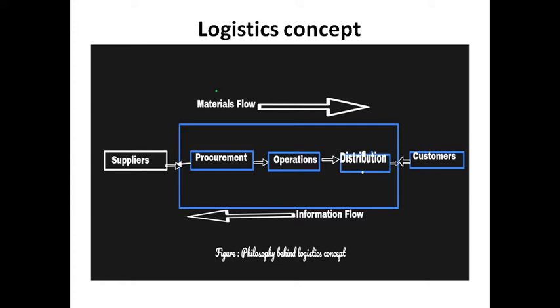Now in the middle bigger box, you have noticed three boxes: procurement, then operations, then distribution. Procurement means sourcing of the materials or sourcing of the inputs. Those may be raw materials, components, assemblies, or work in progress or in various other forms.